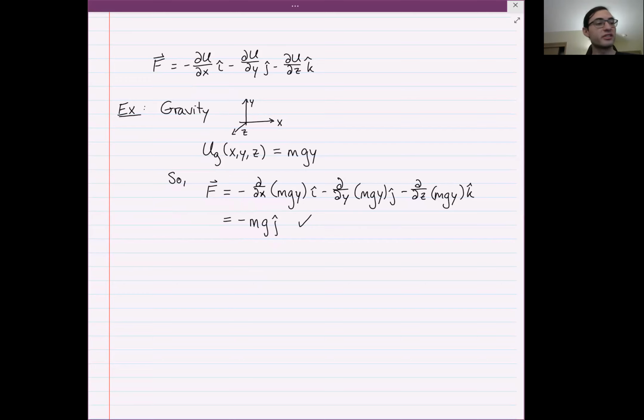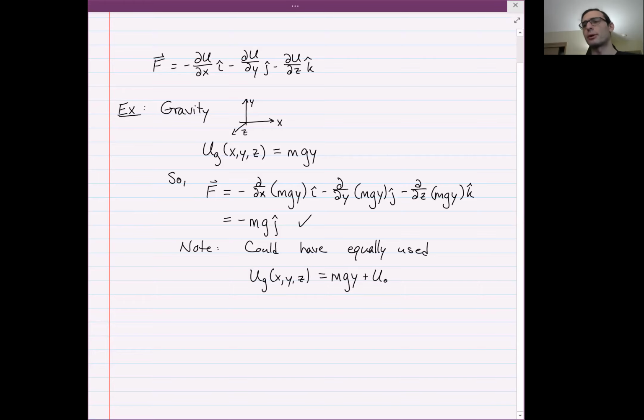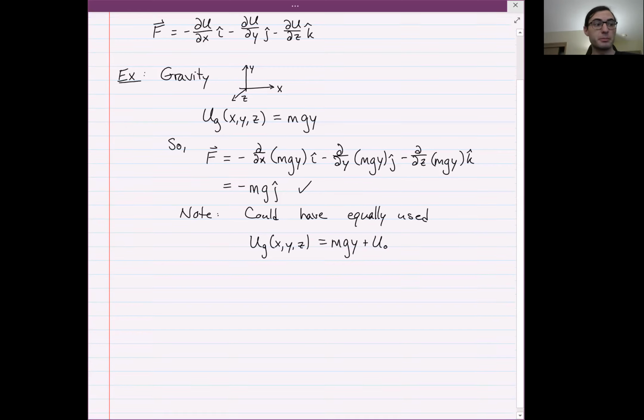Just as an aside, we could have equally well used a different gravitational potential energy. We could have also used the potential energy mgy plus, say, u naught, where u naught is just a constant.